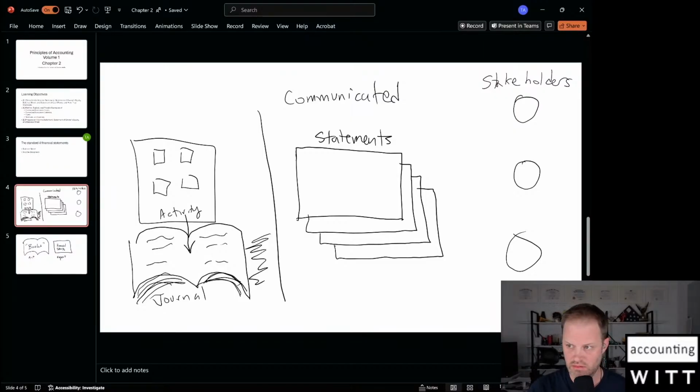Then I'm going to kind of separate this and say statement of cash flow and statement of owner's equity. So we've got these 4 financial statements.